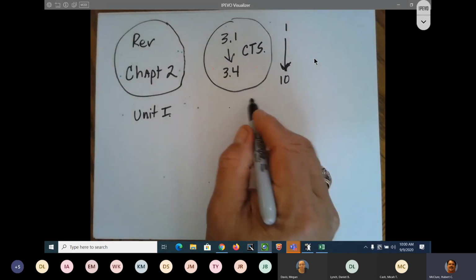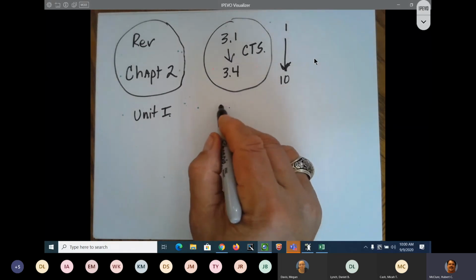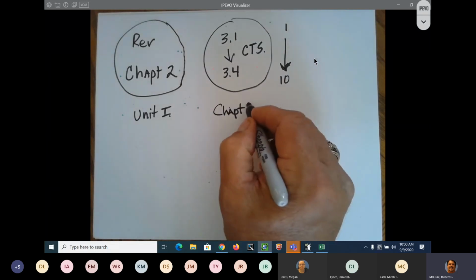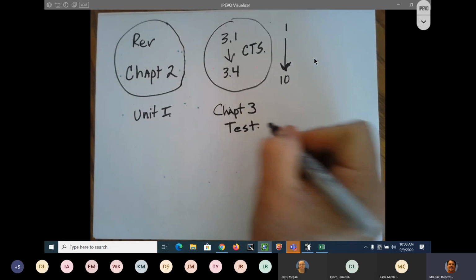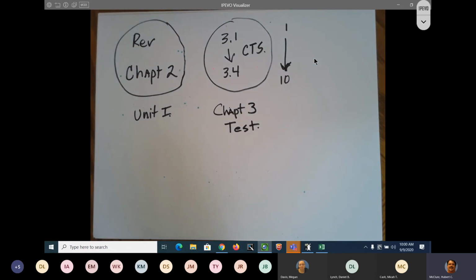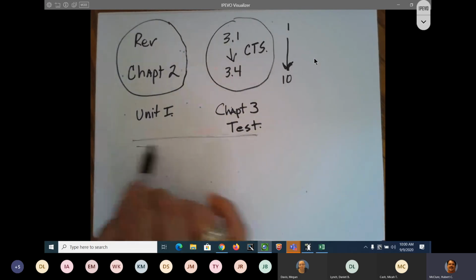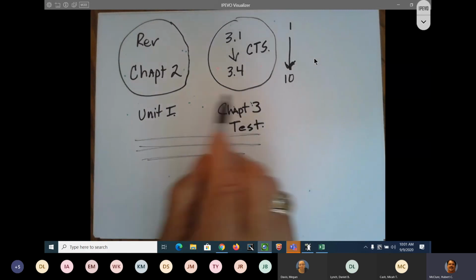Now, this will be partially Unit 1, Unit 2, because I'm just going to say Chapter 3 test, because I break up the Chapter 3 test, the Unit 2 test, into 2 or 3 tests. Okay, and I do that for your benefit. So these 2 tests we're going to be taking together, so it's going to be probably another week or 2 before we take this test and this test.